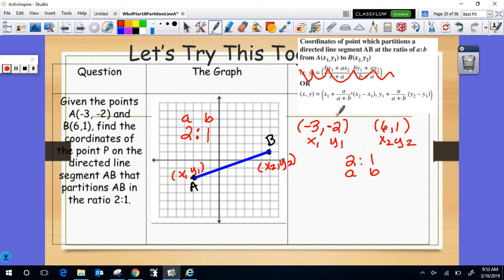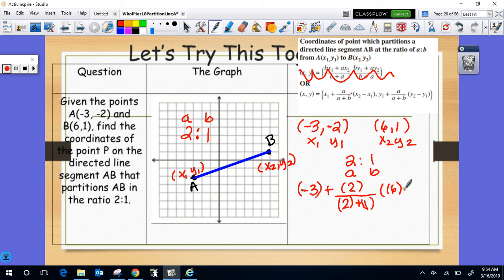So in this formula, we're going to say x1 is -3. So we're going to put -3 in parentheses plus A, which is 2 over A plus B. So 2 plus 1, times 6 minus 3.